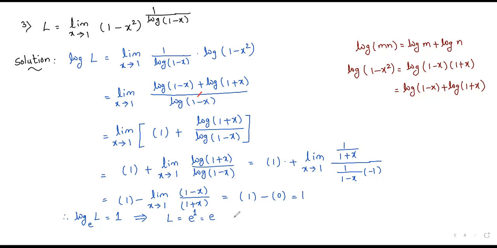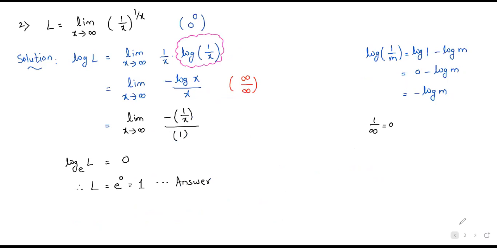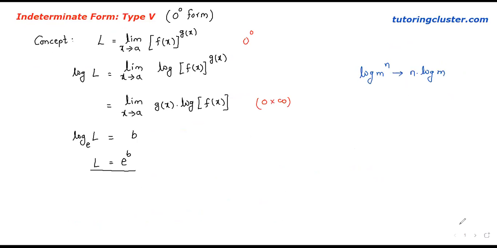So this will be your answer, right? So I hope you have understood all the examples, and I have explained step by step. This is a very important type; you will find questions on this a number of times.